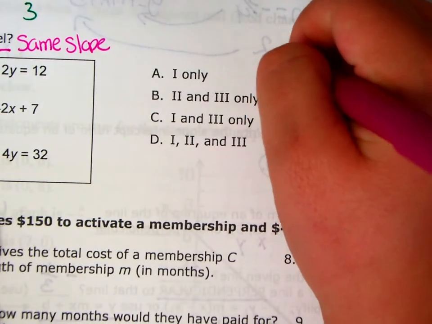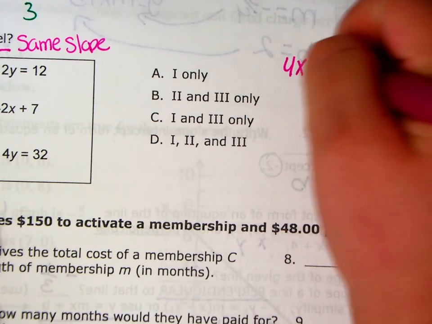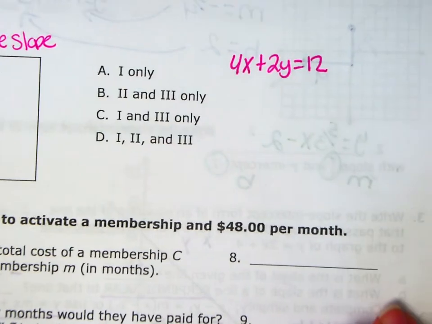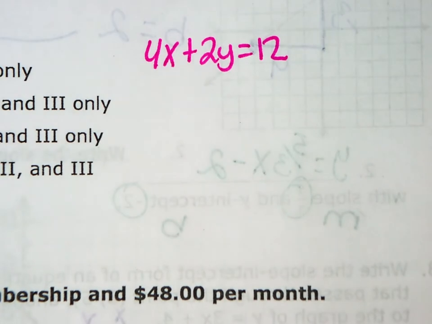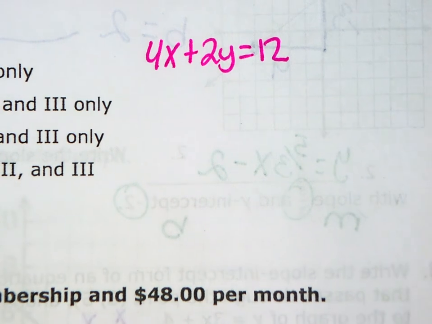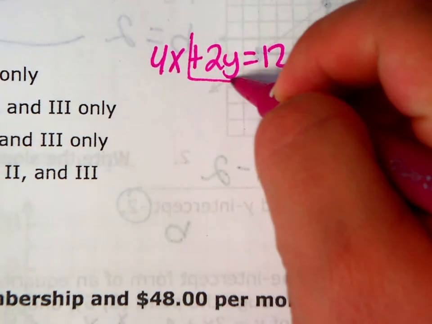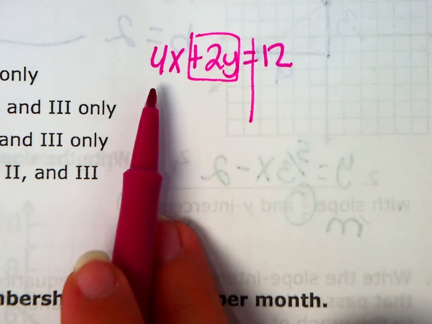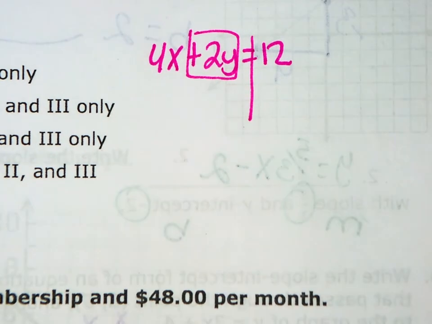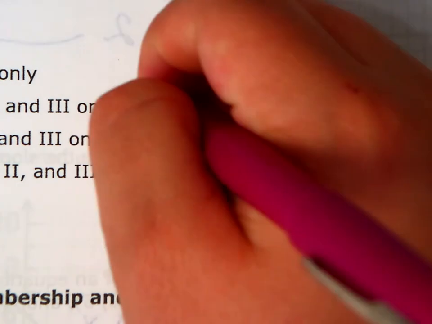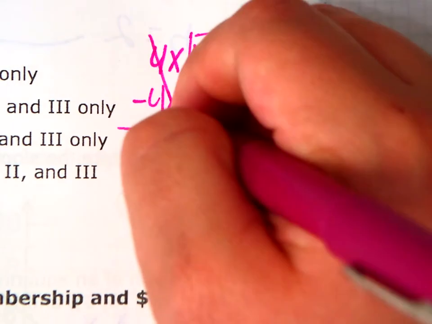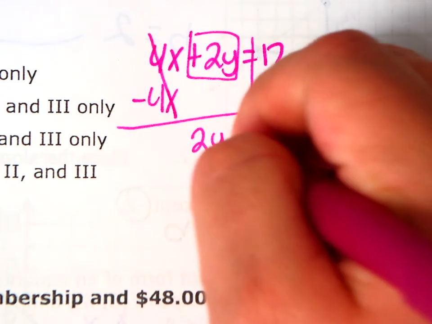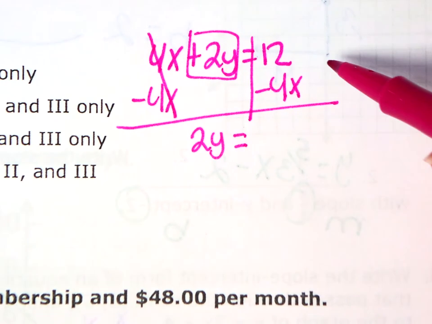So I'm just going to rewrite this off to the side. You have 4x plus 2y is equal to 12. Can y'all see that in the back? Okay. So now, I want y by itself. What do I need to do with that 4x? Subtract 4x on both sides. You get 2y is equal to, can I combine 4x and the 12?